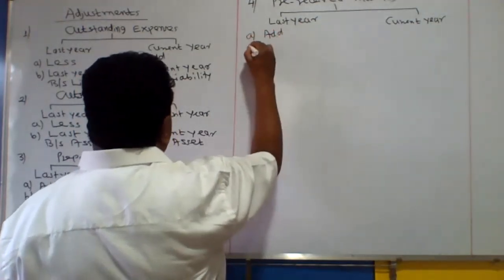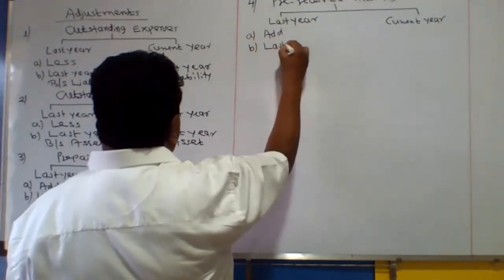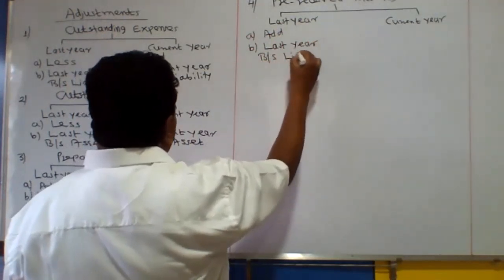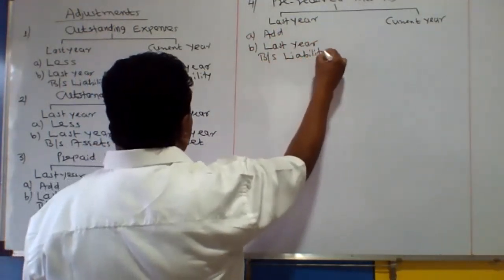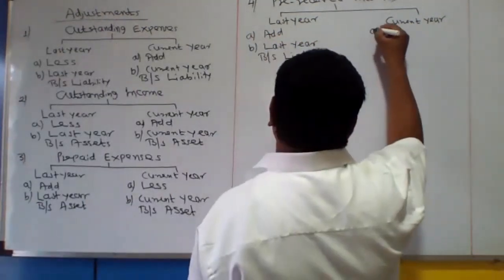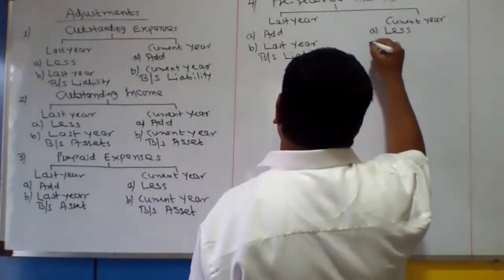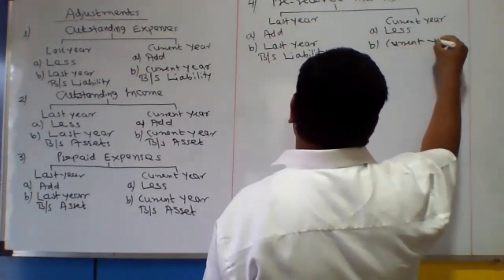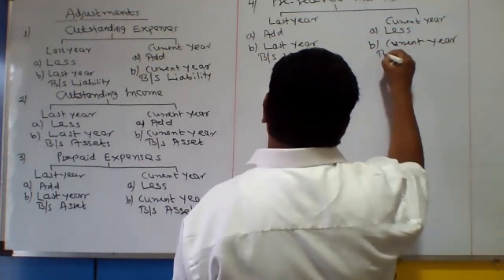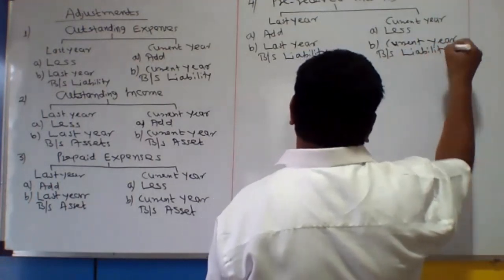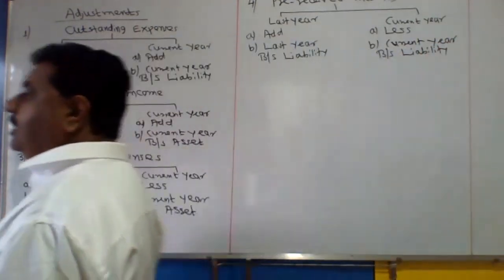Last year advance add, and last year balance sheet liability. Advance incomes are liability. While current year less, and current year balance sheet liability.